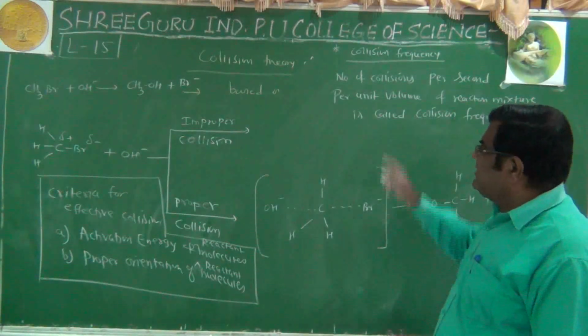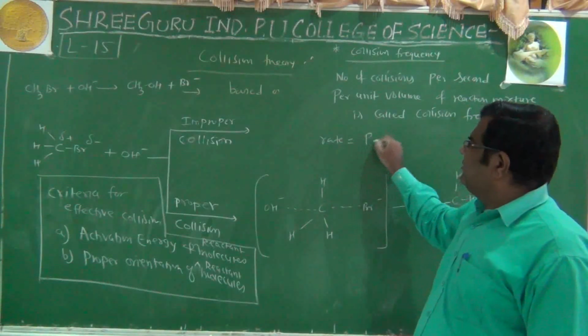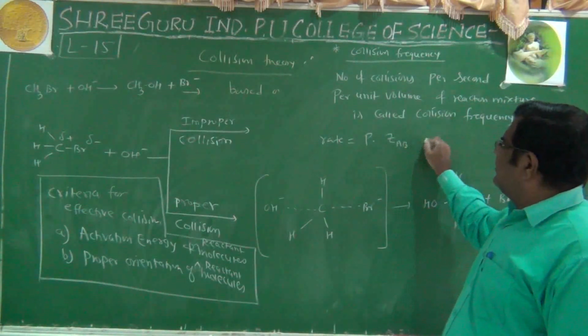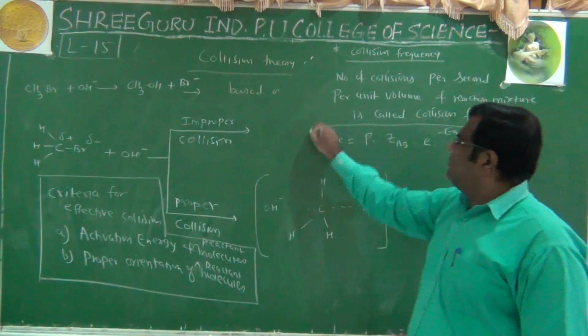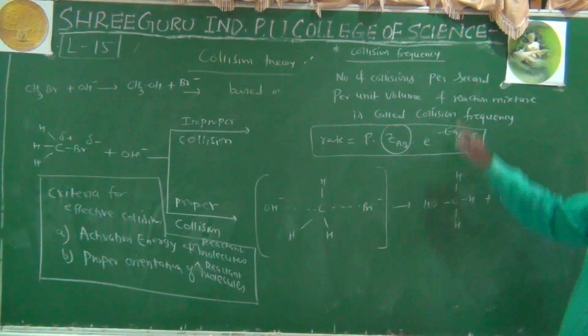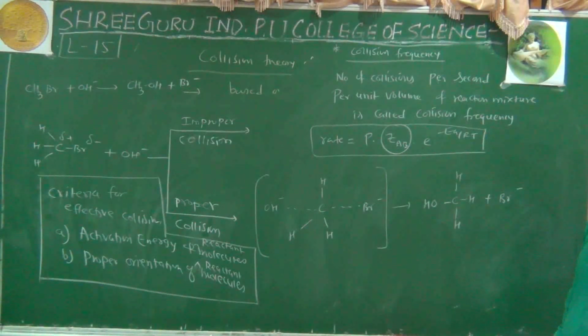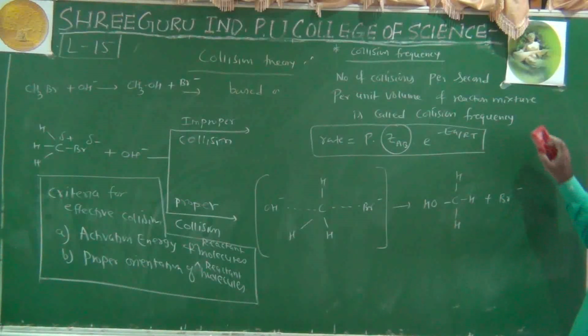So for collision frequency, I have written this equation, and you have to remember that equation. Number of collisions per second per unit volume of reaction mixture is called collision frequency. So these are the only 3-4 important points regarding the collision theory.